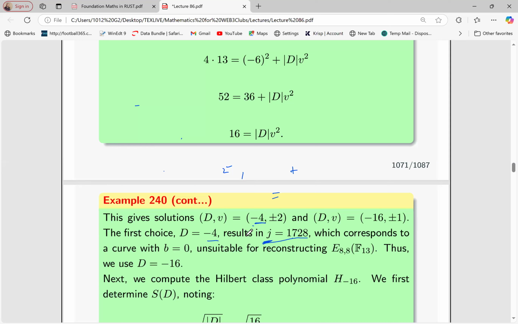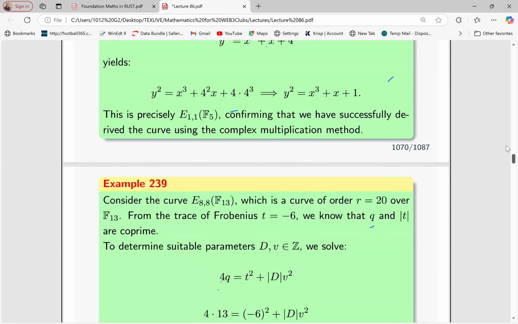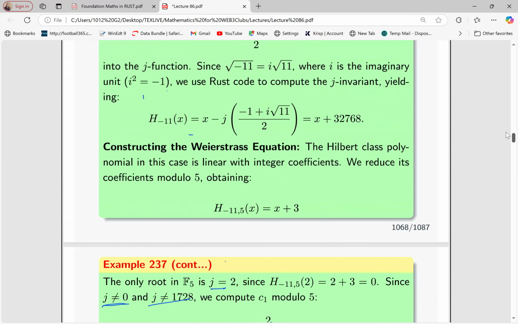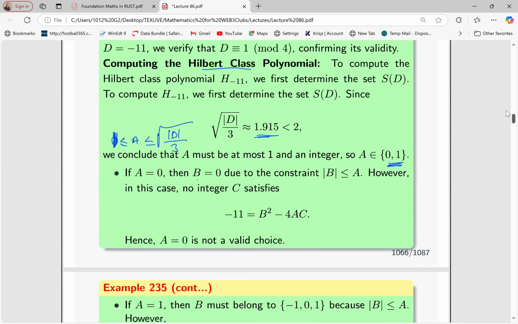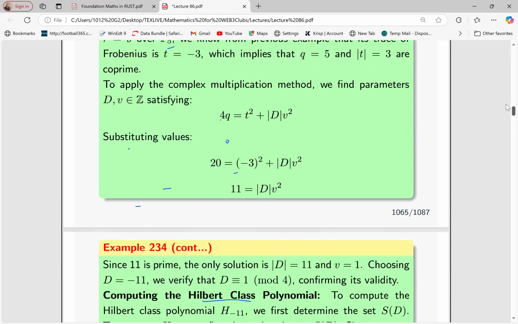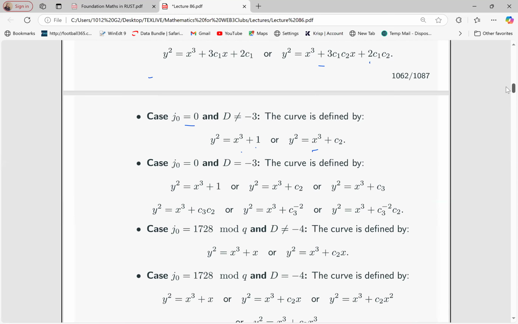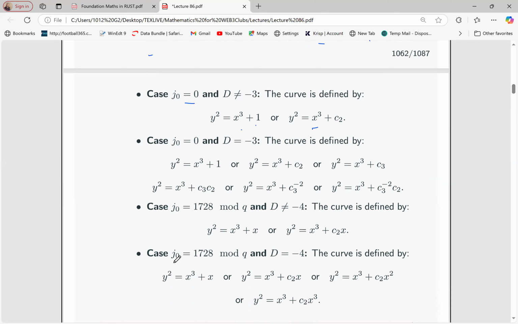So if D is -4, like in this case, and J is 1728, you come back here and you choose the curve that is in that category, where D is -4 and J is 1728.